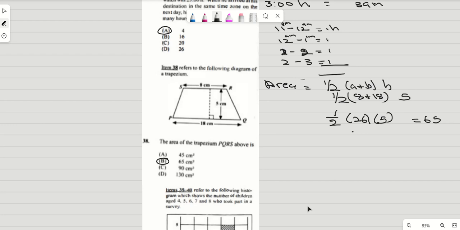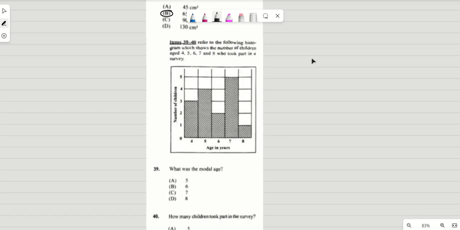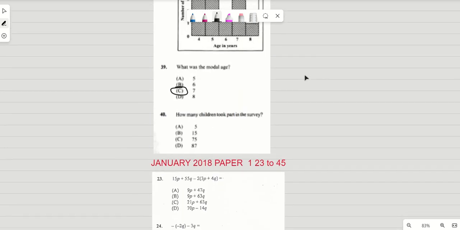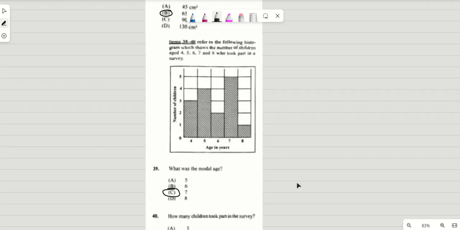All right, then let's look at 39. What is the modal age? We already did this, right? This is last year. The modal age is the most popular age, which is 7. This is the modal age, the most popular is 7. How many children took part in the survey? We're going to add.